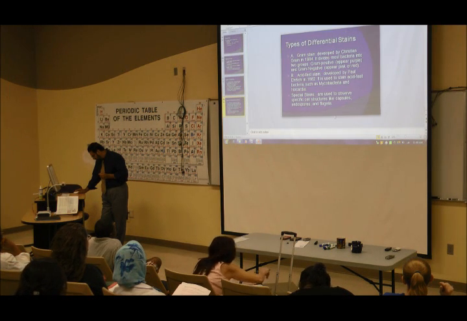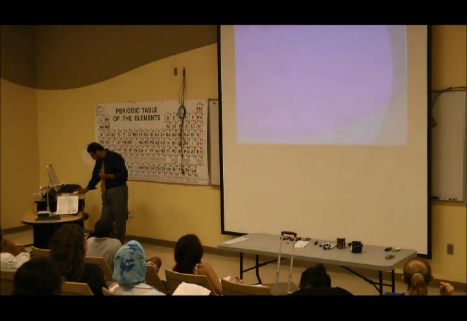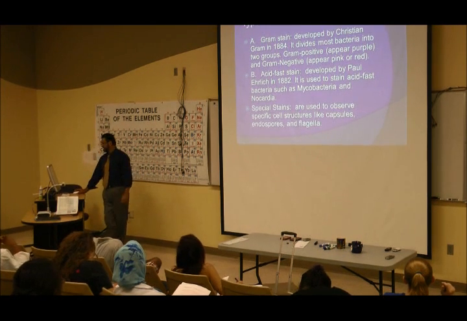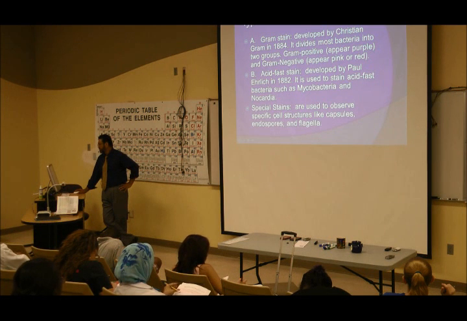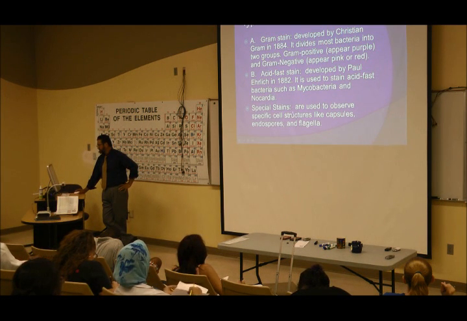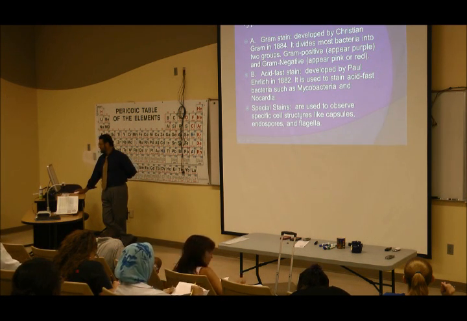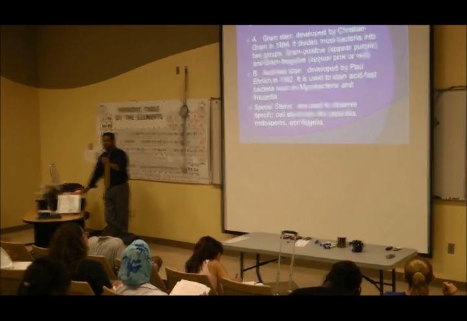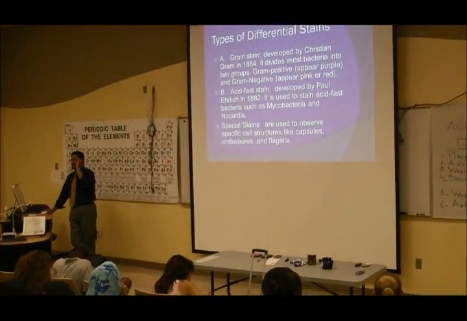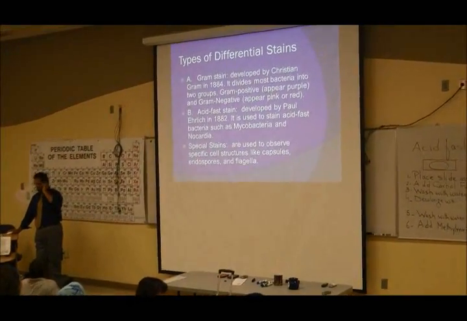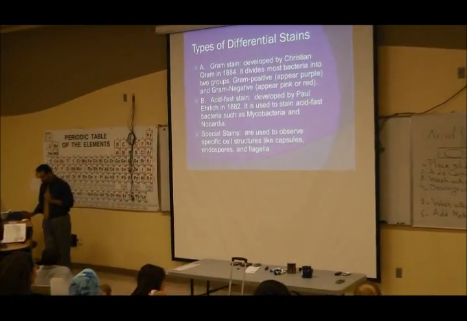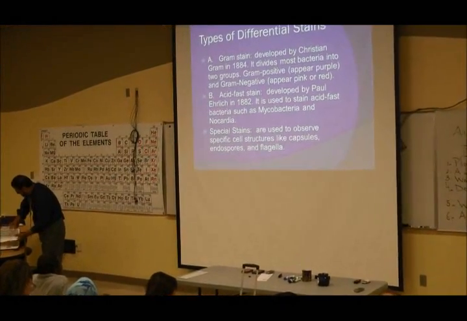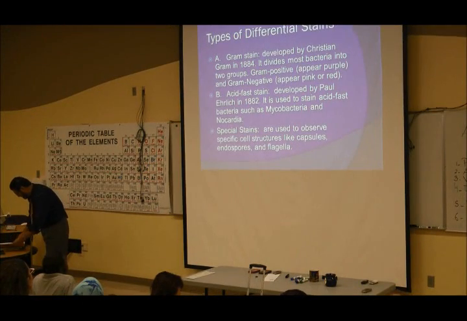This is the one we are talking about. Special stains. Question to you is, when you do a simple stain, gram stain, or acid-fast stain, you want to see, let me show you what we are talking about.